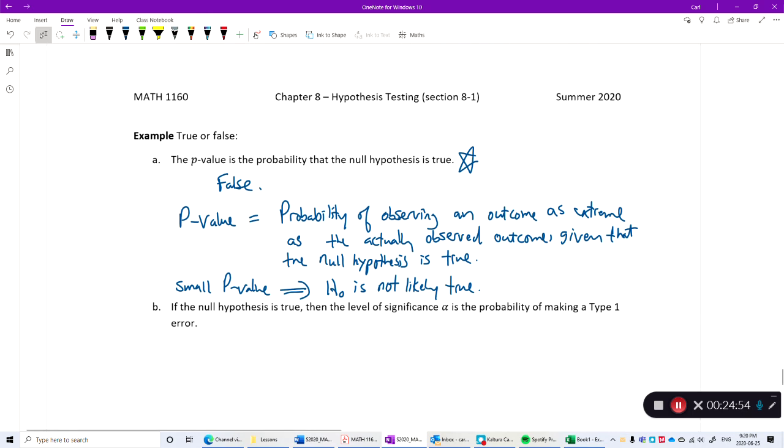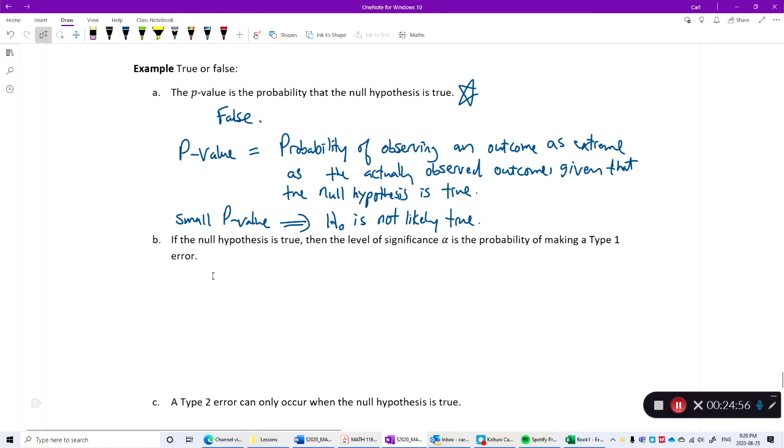Okay. So if the null hypothesis is true, then the level of significance alpha is the probability of making a type 1 error. That's true.